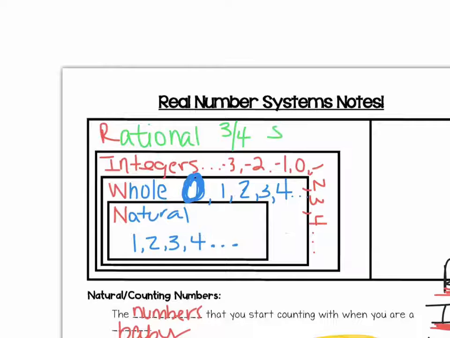So let's just do, I don't know, $10.78. And then we have repeating decimals. Now we talked about the 0.3s. And remember, we can also put a bar on that to show that that 3 is repeating over and over and over again. But it also includes numbers like this.